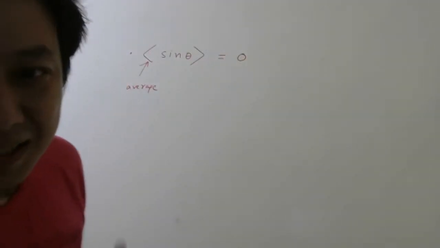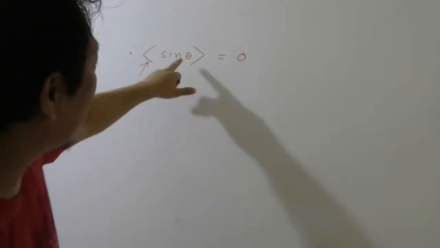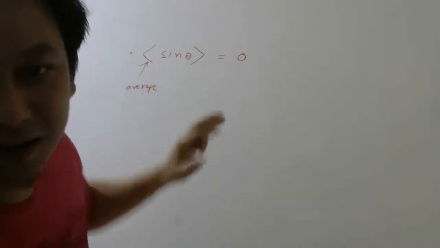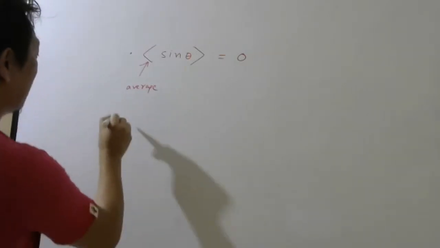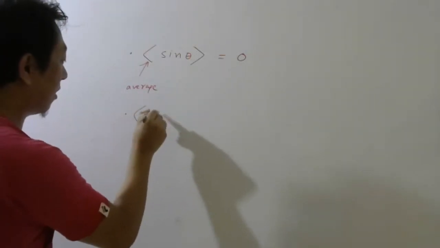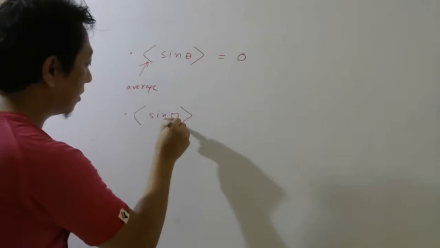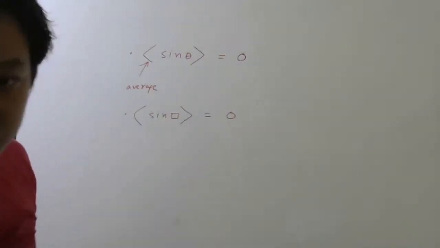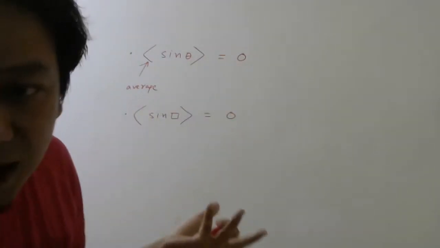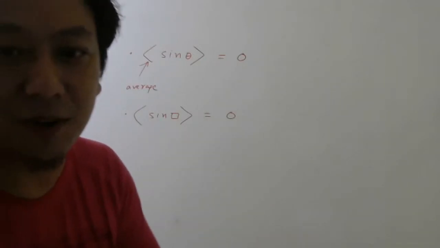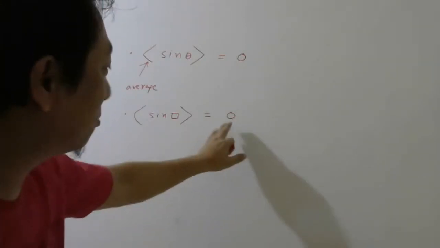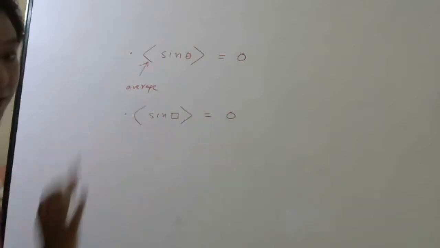Is there something special about this symbol? No, you can write whatever symbol you want. Tomorrow if I write sine of box, it should be 0. Whatever is here has to be an angle. So the average of sine is 0, remember.